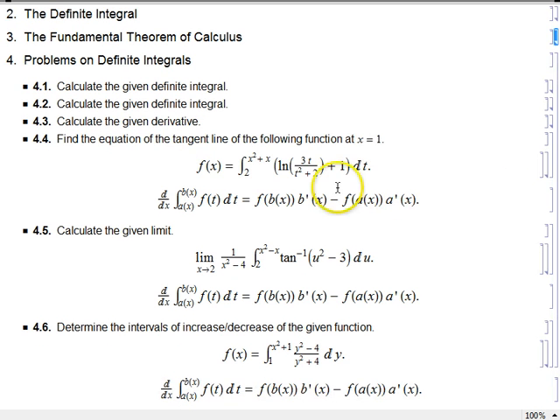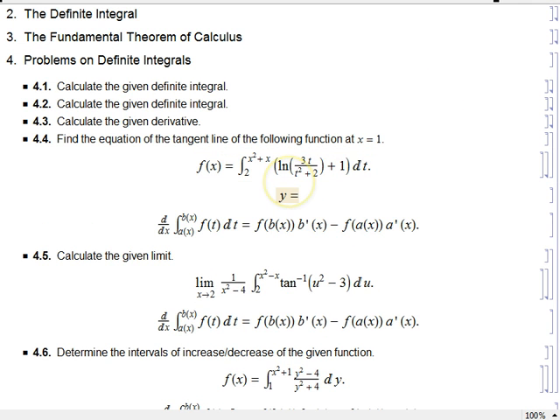Okay, how do we handle this kind of problem? Please remember how to find an equation of the tangent line. You need it in this form: y equals slope times (x minus x naught), oops, this should be parentheses, plus y naught. So you have to first find y naught by plugging in x equals x naught.